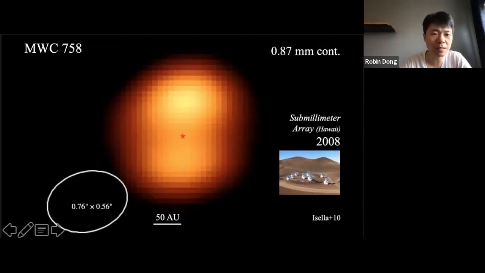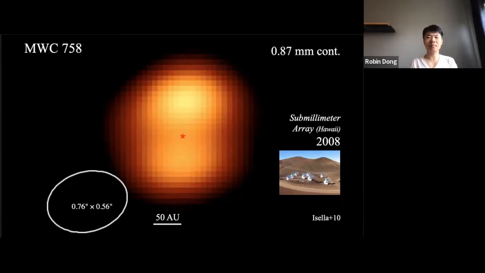The beam size of this interferometric observation is indicated here. This roughly marks the angular resolution of the observation. The entire disk is resolved by something like 2 resolution elements. So in a way, perhaps we can think of this as an image with 2 independent pixels.